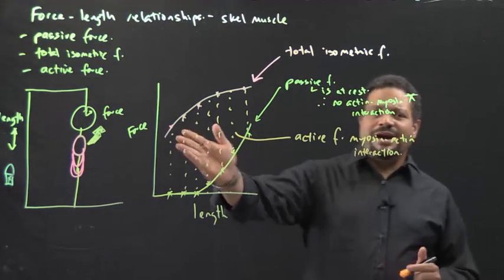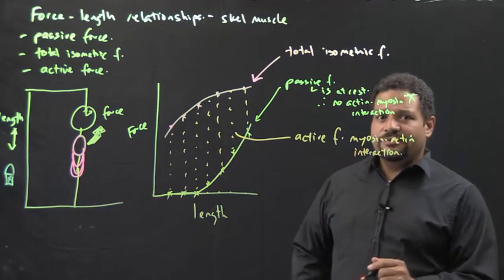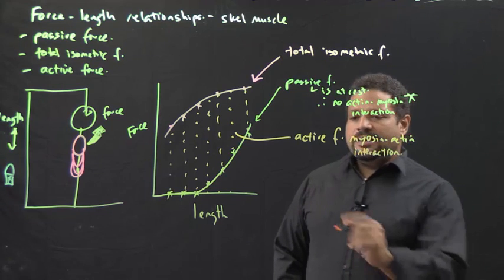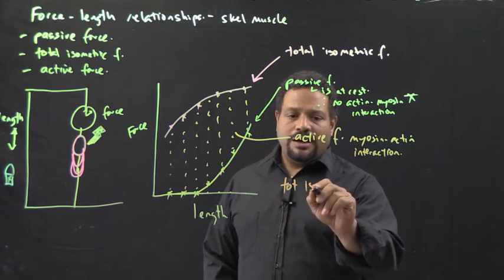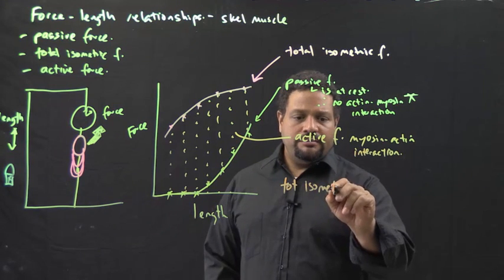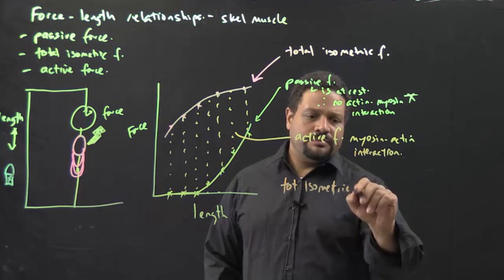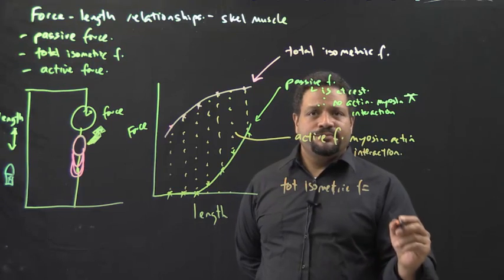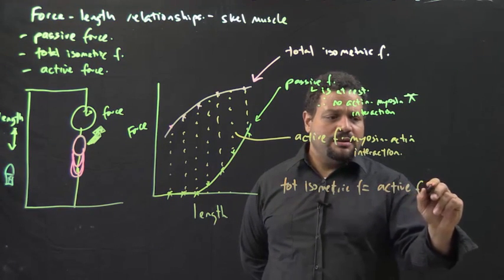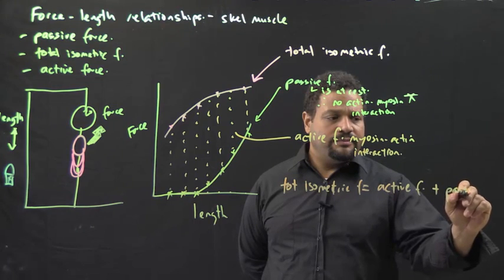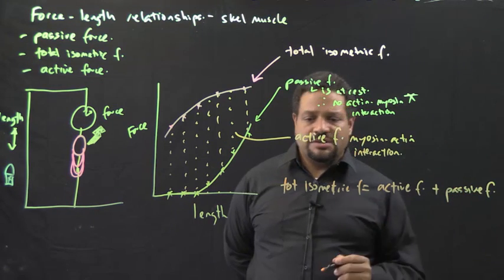So from this graph, what you can observe is that the total isometric force equals active force plus passive force.